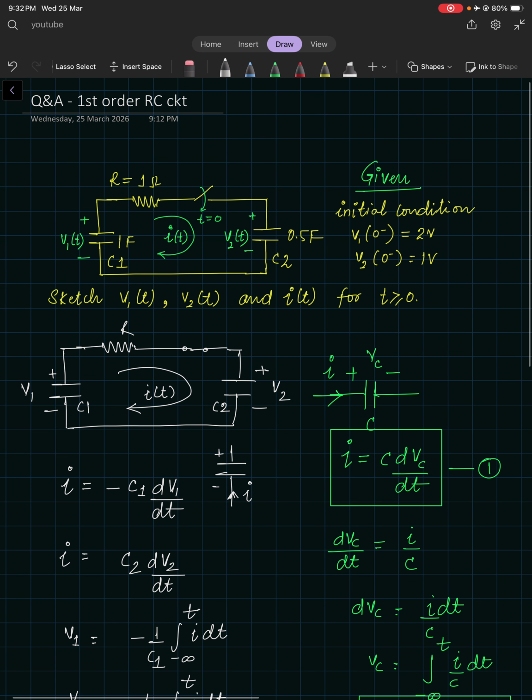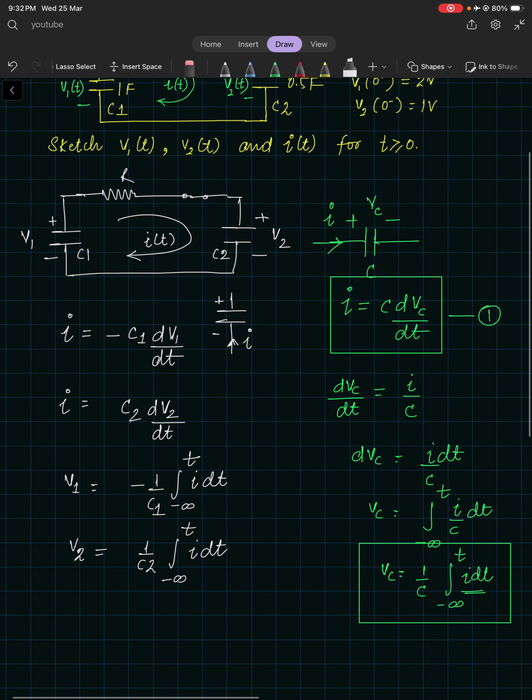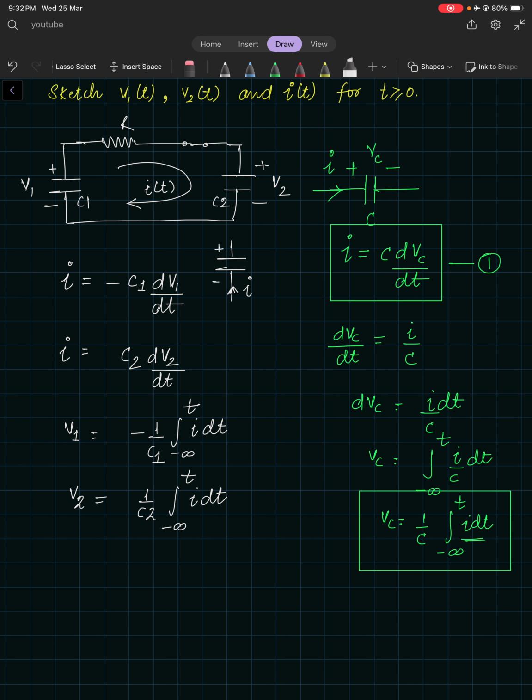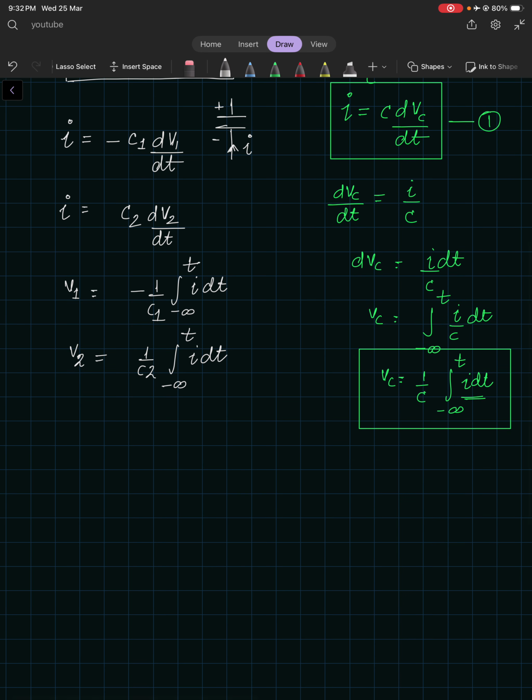Why have I written V1 and V2? Because when we apply KVL, there is nothing like KCL in this. There is a loop, and in KVL we need the voltage terms, right? So if I need to write, it will be plus V1 minus IR minus V2, so plus V1 minus IR is equal to V2.